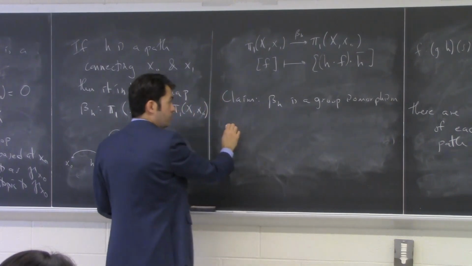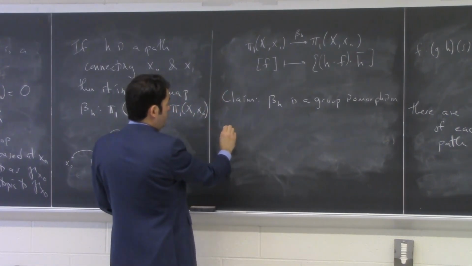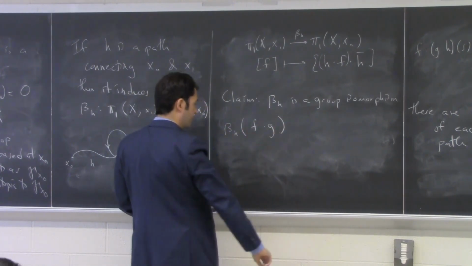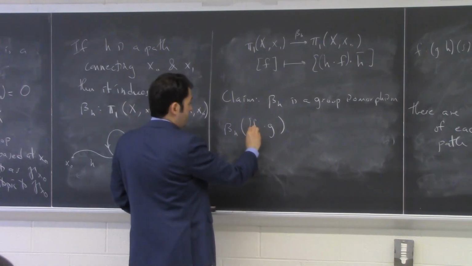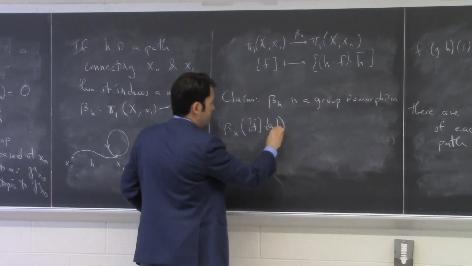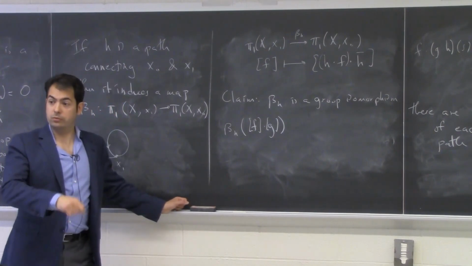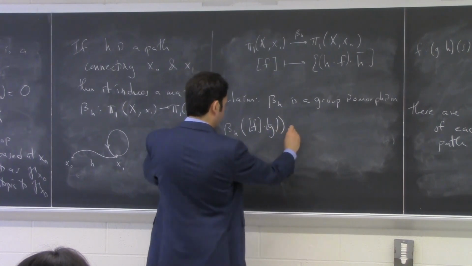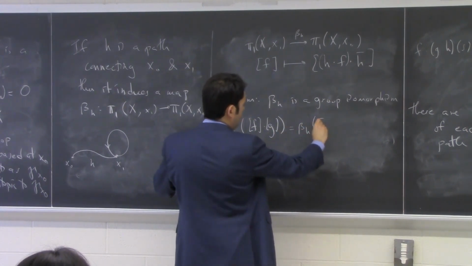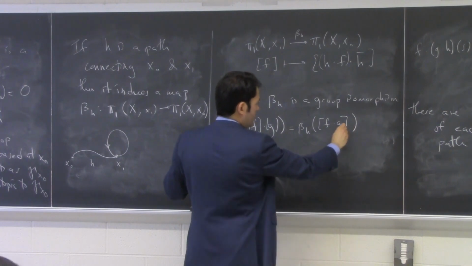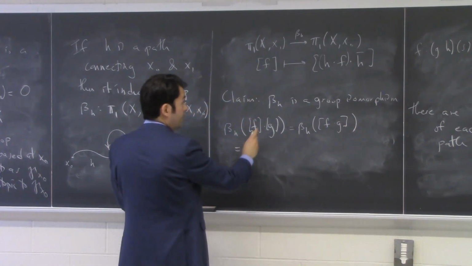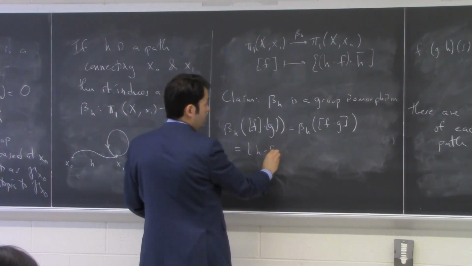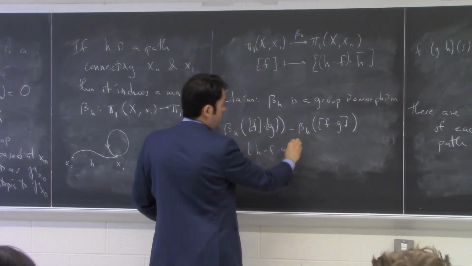So now let's go directly to group homomorphism. Let's see, if you have beta H of the concatenation of two equivalence classes of loops, on the one hand, this is beta H of that loop, and by definition, that is the homotopy class of H dot F dot G dot H bar.